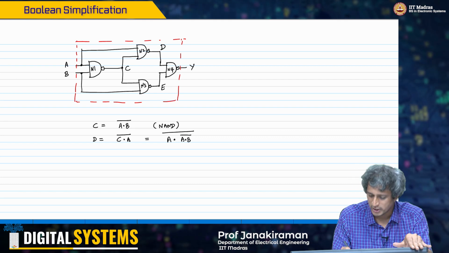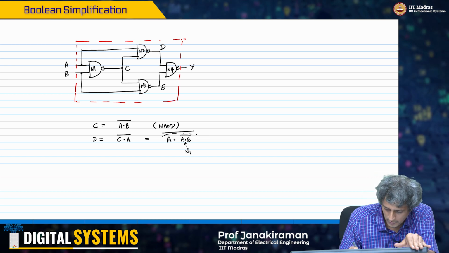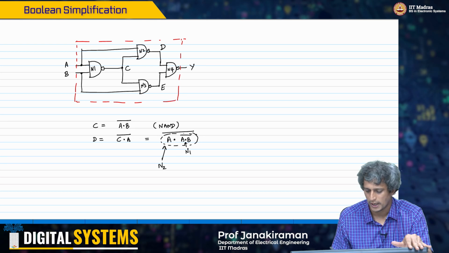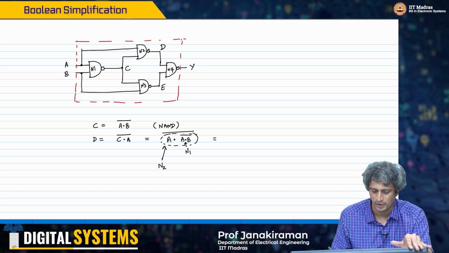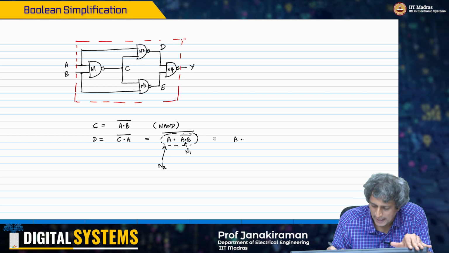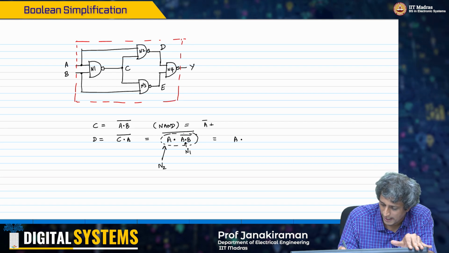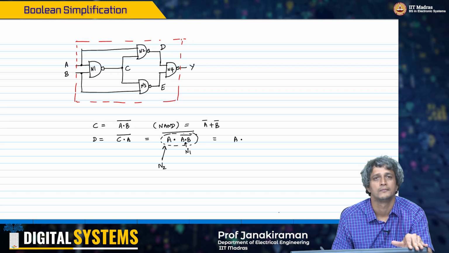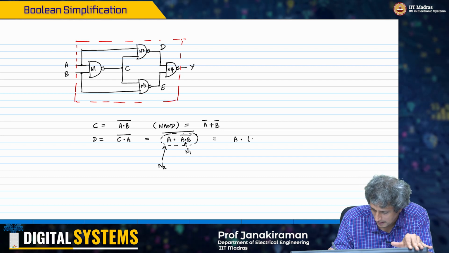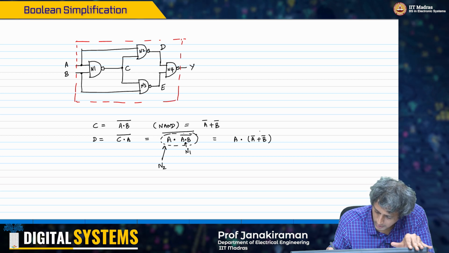Okay, so this one is because of N1. The second one, the outer one, is because of N2. Okay, so we'll first simplify this expression and figure out what D is. So it is A, and now this one we already know by DeMorgan's laws. I can write this as A bar or B bar, right? So therefore I am going to write this as A and A bar or B bar whole bar.